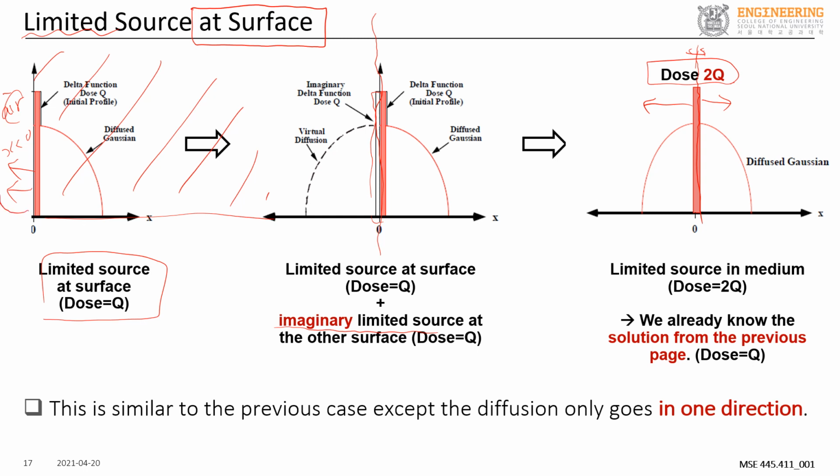That satisfies the condition that we talked about at the beginning: there's no diffusion into the air or empty space. So just solve this limited source in medium problem with 2q, but ignore the solution on the left side. Just use the solution from the right side, and that's going to be your solution for this second case. So basically, the equation will be the same.